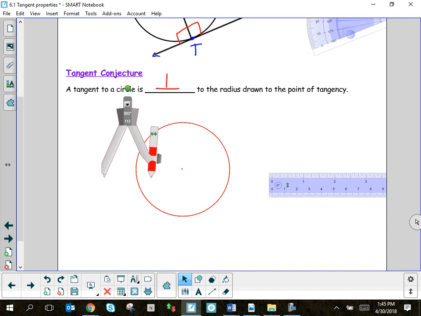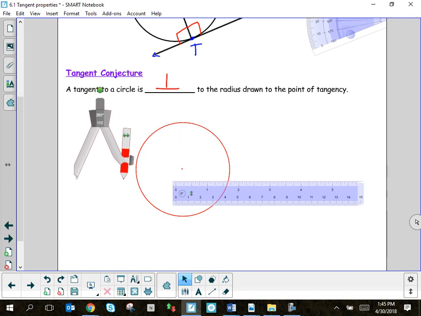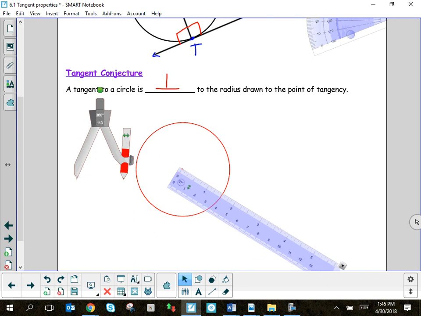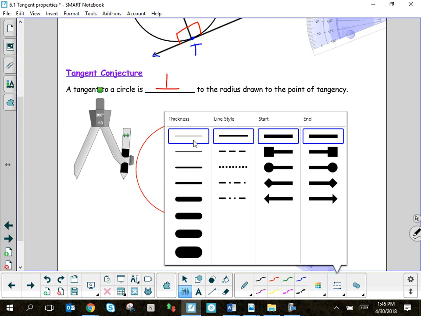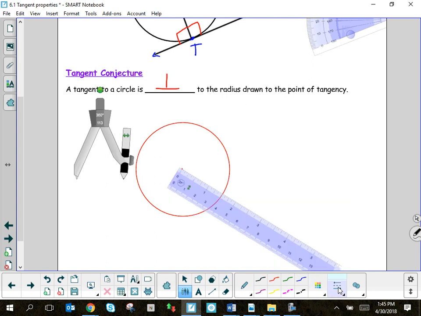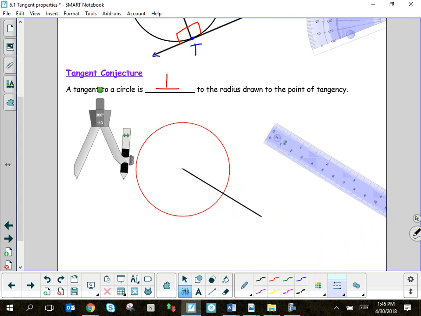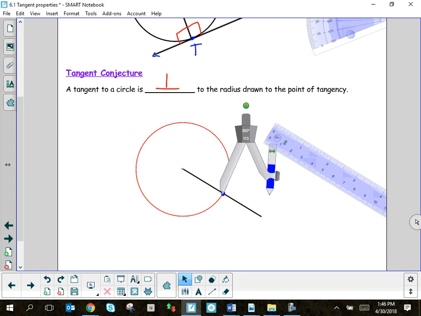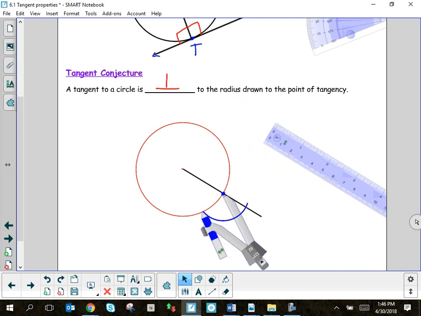To draw a perfect tangent, what you want to do is draw a radius, but you don't want to stop right there. You want to extend it outside the circle. Then you want to recall how to construct a perpendicular right at this point. So get your compass, place it on the blue point, and think back how to make a perpendicular. You want to make a smiley face.